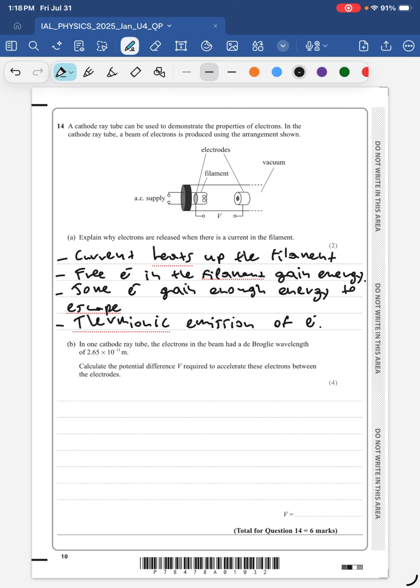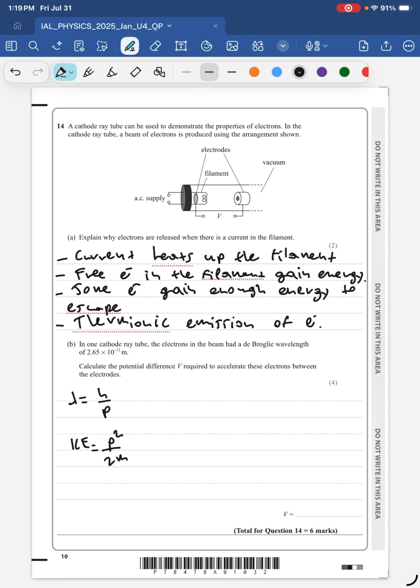Okay, so we need to work in steps. So lambda is h over p, right? But we don't know what p is. Let me think. What are they asking to calculate the potential difference? Okay, so lambda is h over p. Now the kinetic energy of this electron is p squared over 2m.